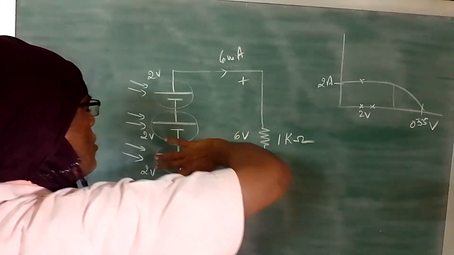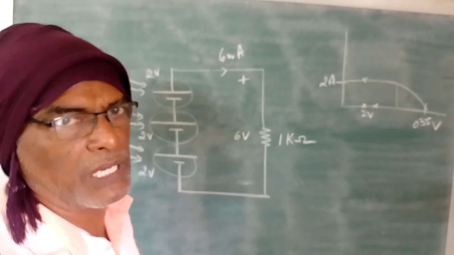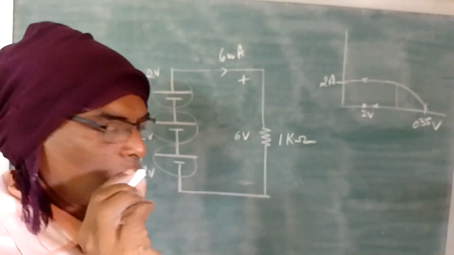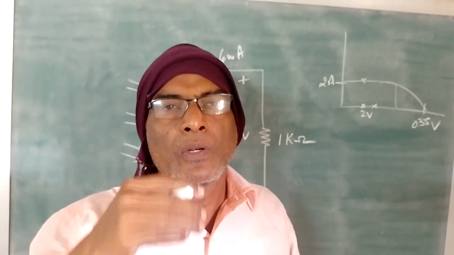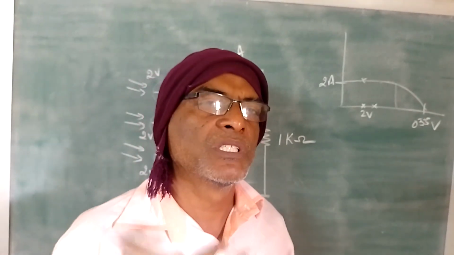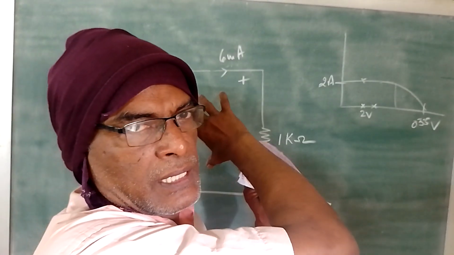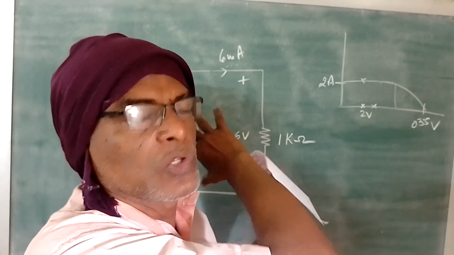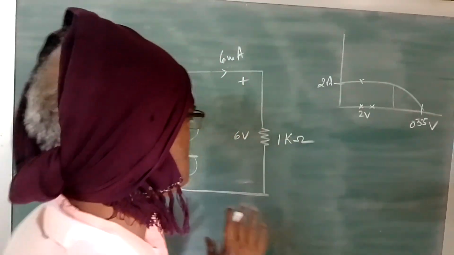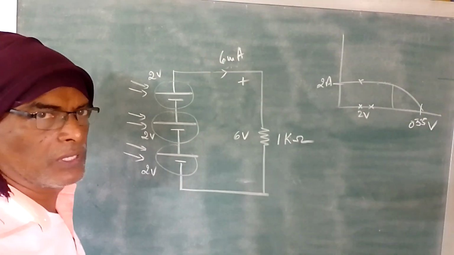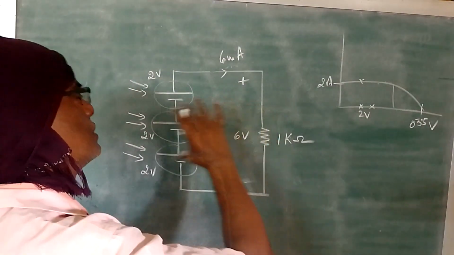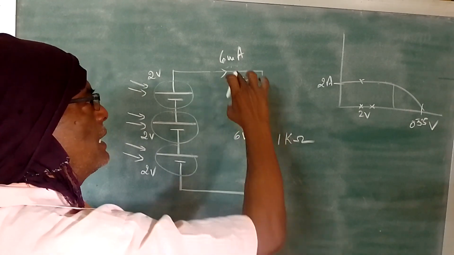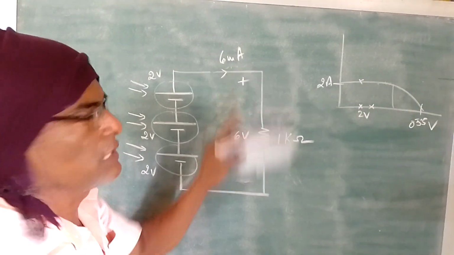That means the current drawn from the system is 6 milliamps. So from this, what you have to understand is the current depends on the load. You must not overload the source. Source here is the solar panel. This is how you have to connect in series. So when you connect this in series, for this case you will be getting 6 volts, and for 1k it is 6 milliamps.